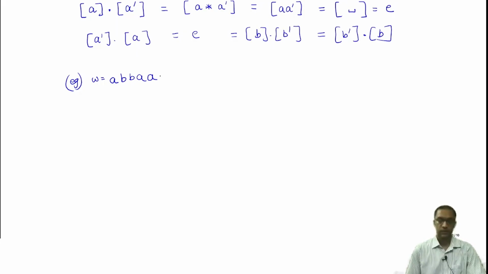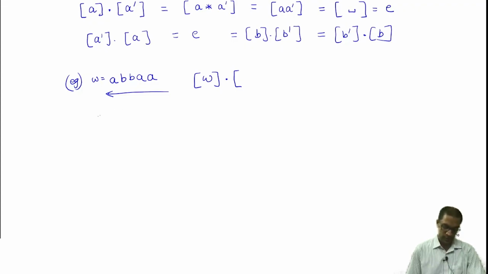Take this word W. I want to know what is the inverse of this word. I claim here's a simple prescription: you just look at this string of letters and read them in reverse. When you read them in reverse, you change all the A's to A primes and B's to B primes.